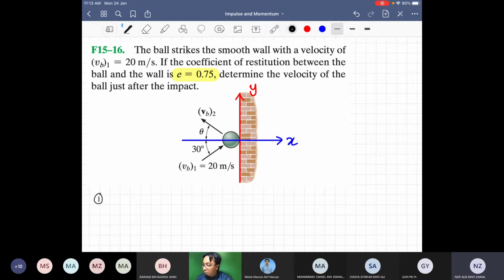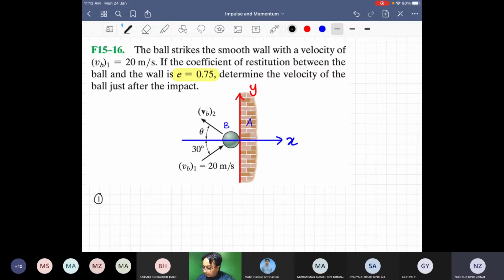So kita assume the ball as object B. The ball is object B. What is object A? Object A is the wall, which is tak bergerak lah sebenarnya.